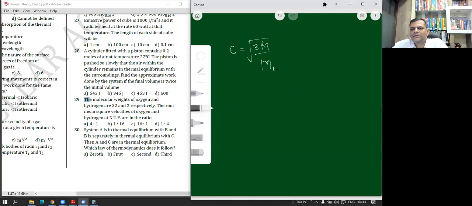M naught means molar mass. So this shows that C is inversely proportional to root of M naught, which shows that C1 upon C2 is going to be root of M2 upon M1, right? So this is M2 upon M1, and hence we can just put these values here.